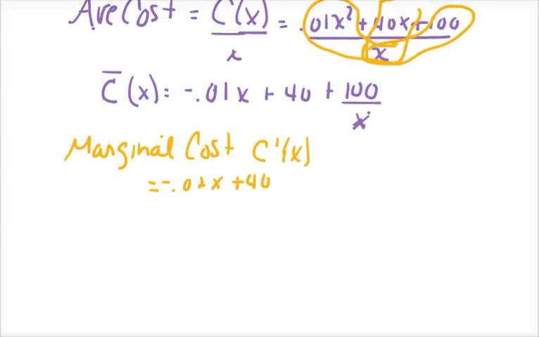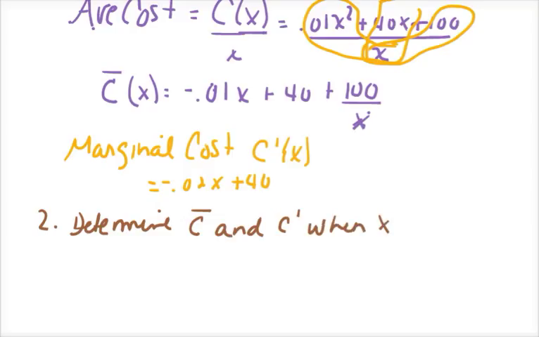Step 2 asked to determine the average cost and the marginal cost when x equals a, or x equals 1000. So you want to determine the average cost, which is C bar, and the marginal cost, C prime, when x equals a, which was given to be 1000.